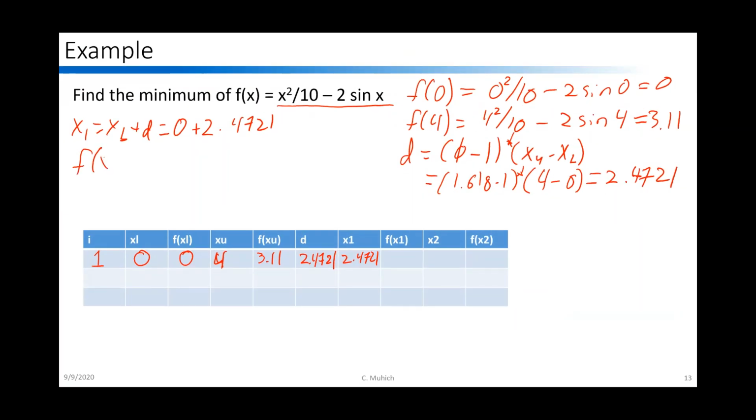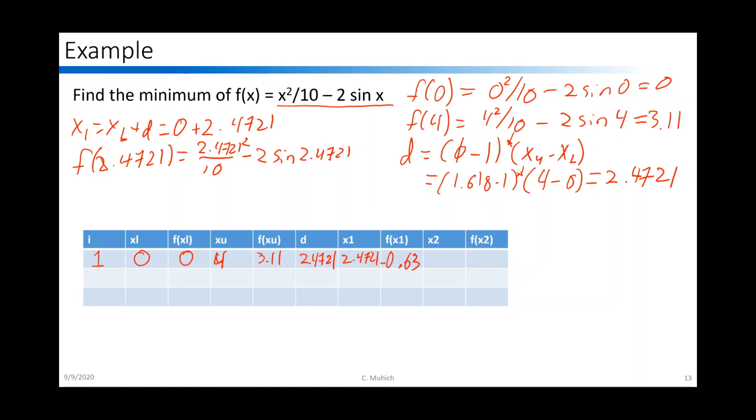I can plug that into my function: f of 2.4721 equals 2.4721 squared over 10 minus 2 sine of 2.4721. I'm running out of room, so I'm just going to put that into the table. That ends up being negative 0.63.